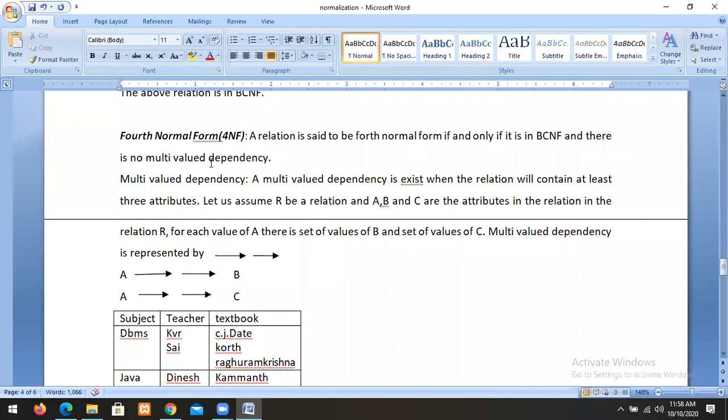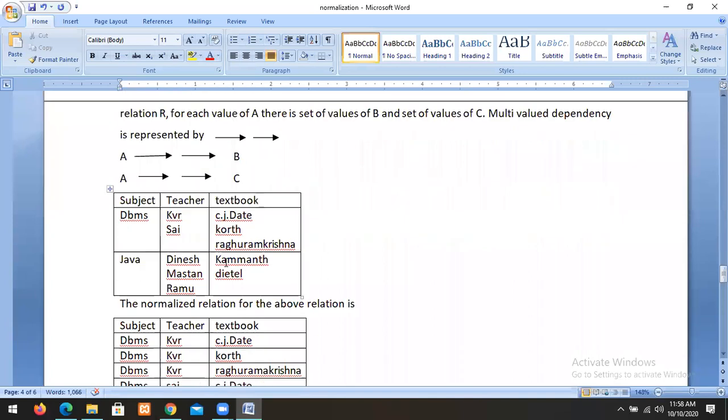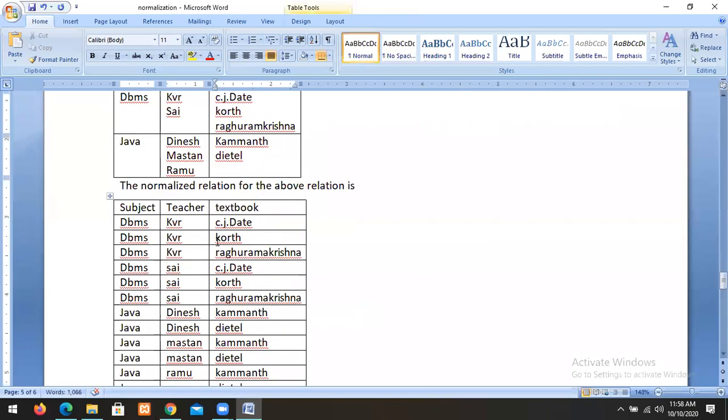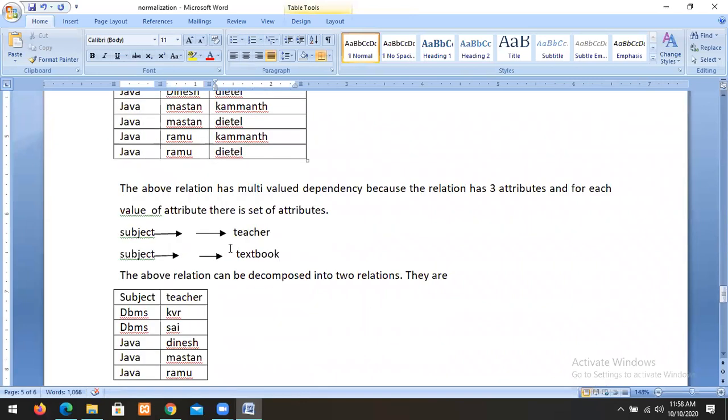A multi-value dependency exists when a relation contains at least three attributes. When a relation has three attributes, then we have that. So what is multi-valued? For each value of A, there is a set of values of B and a set of values of C. If it is like that, we have the multi-value dependency. So this is the normalized relation. This relation has multi-valued dependency.